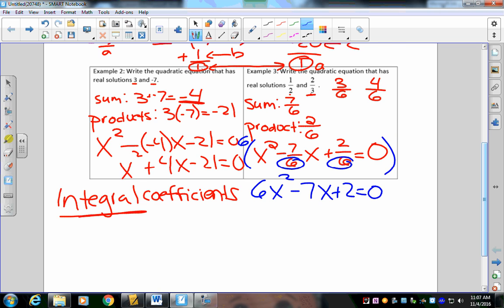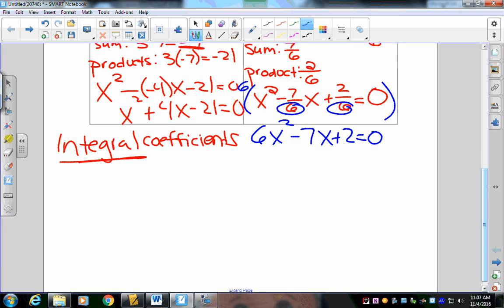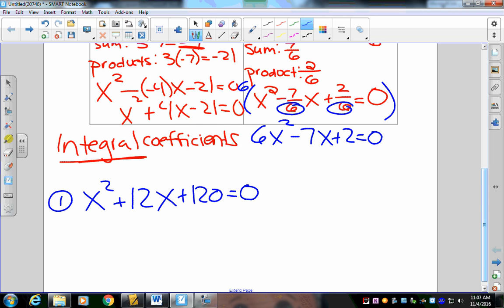Now, something I want to show you is you can also go the other way. If I give you a quadratic equation, we'll do 2 examples. I know it's not on your sheet, but let's write it down. Then for my second example, I'm just going to put numbers here.